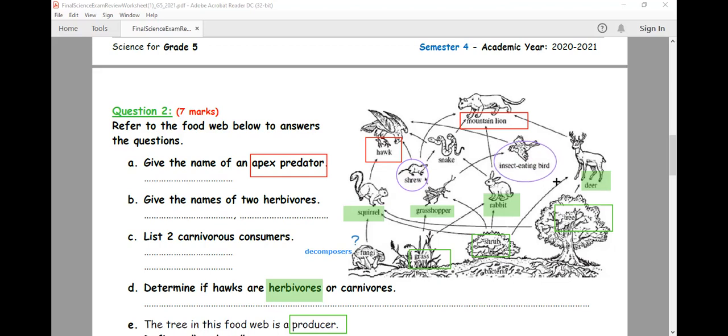It feeds on grasshopper. The snake, carnivore or herbivore? Carnivore. The hawk, carnivore. The mountain lion, it's carnivore too.